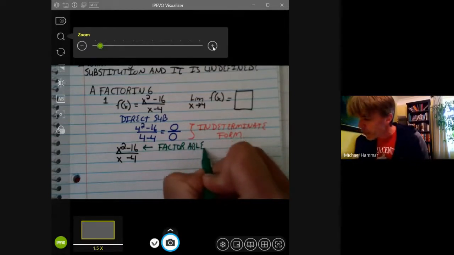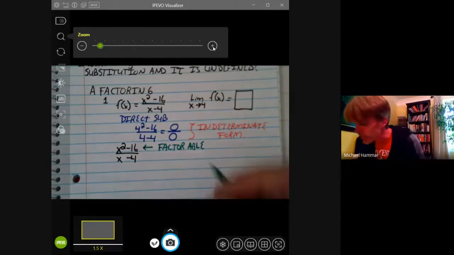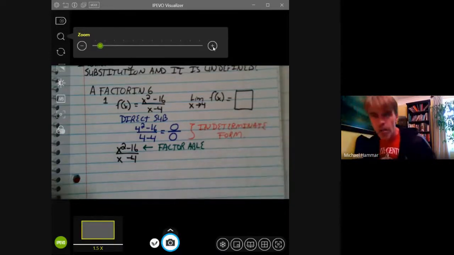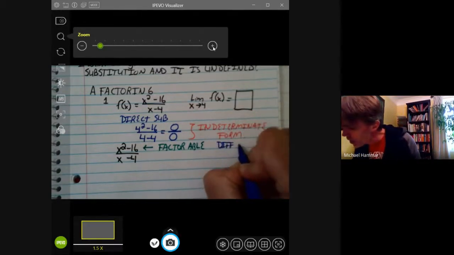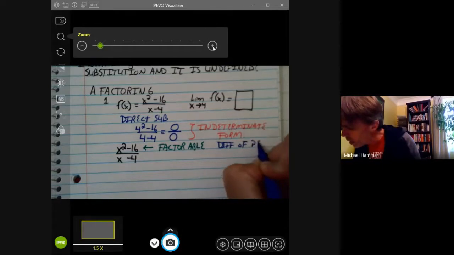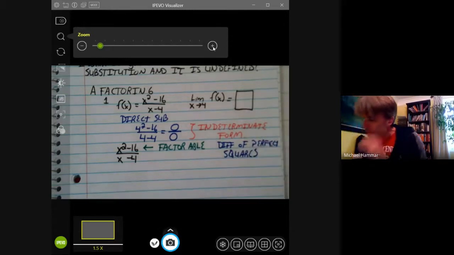Now, I want to remind you of the way that you factor this. This is a very common thing we'll see on the AP test. This is the difference of perfect squares. So we need to remember a fast way to factor that.